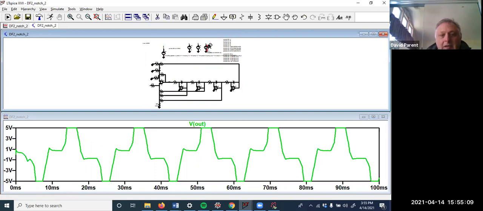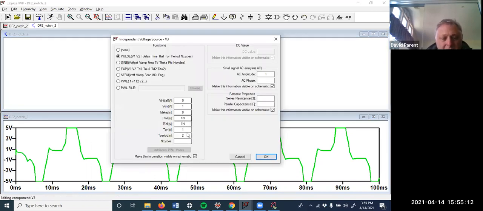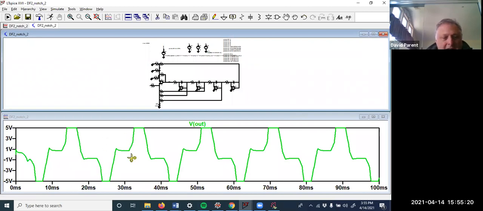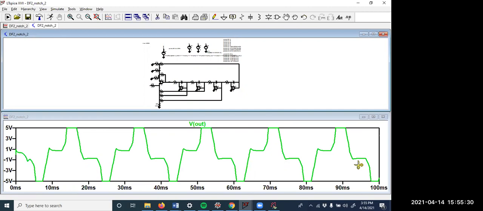Okay, so V in is a step response. It's on for 1 second. I'm only simulating for 1/10 of a second. And I'm seeing this weird behavior. But is this in control or out of control? That's out of control. Yeah, that's true.